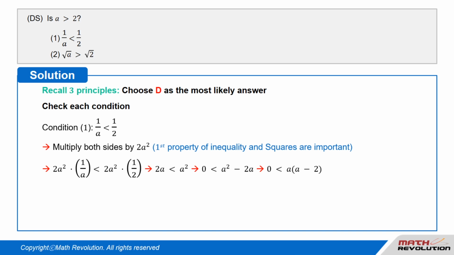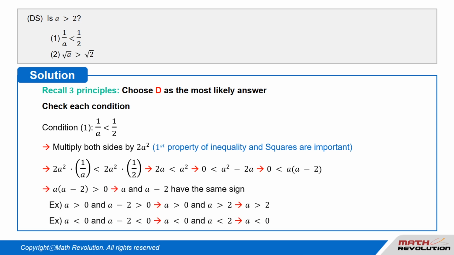You should think of squares when solving inequality questions because squares are always positive and multiplying them to an inequality does not change the direction of the inequality sign by the first property of inequality. A times (A minus 2) is greater than 0 means that the factors A and A minus 2 have the same sign.